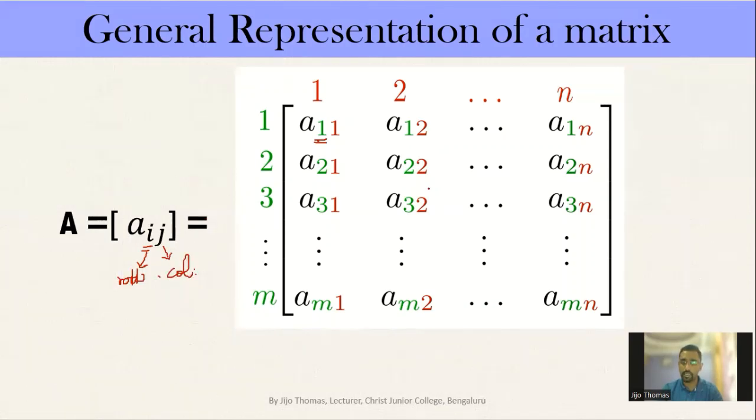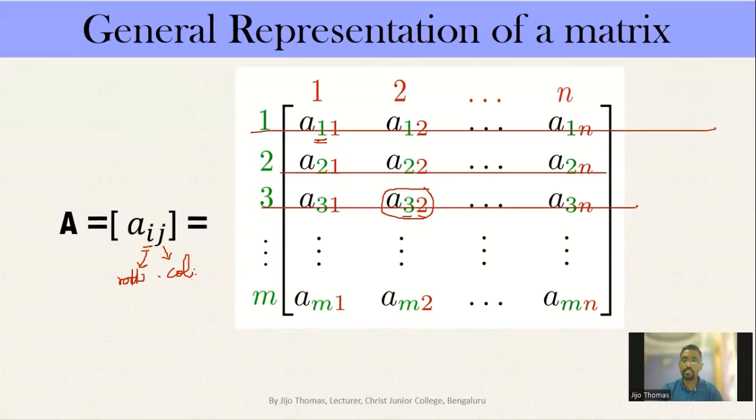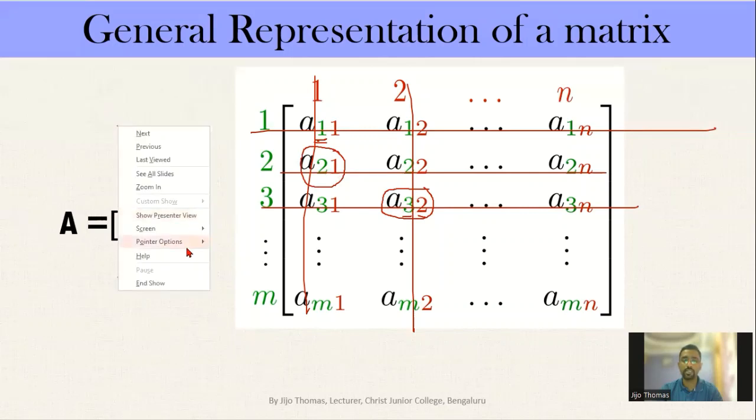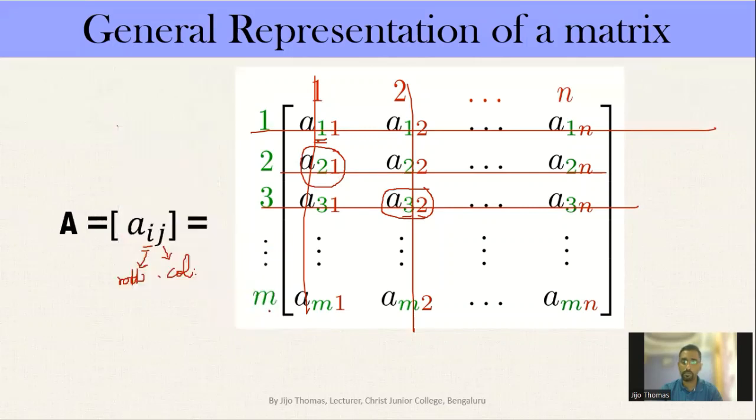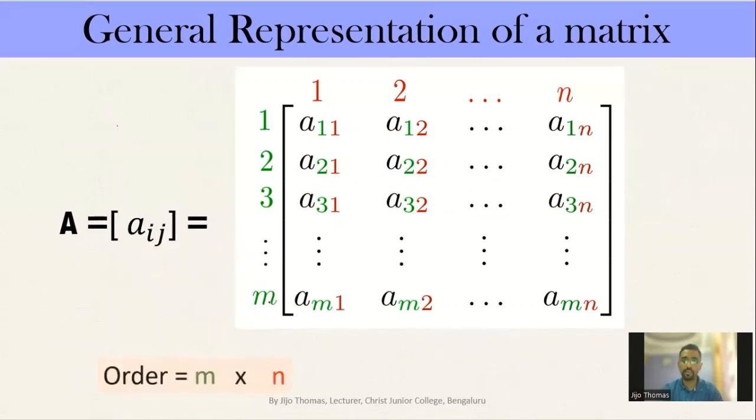For example, if I take this particular element, A32, that is in the third row, second column. You can see 1, 2, 3. The element is in the third row and second column, so A32. Here, if I take A21, that is second row, first column. So the suffix gives us the position of the element, Aij.